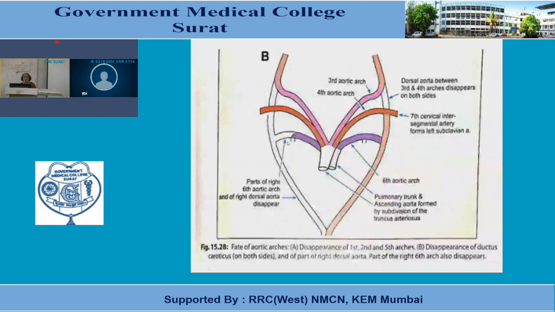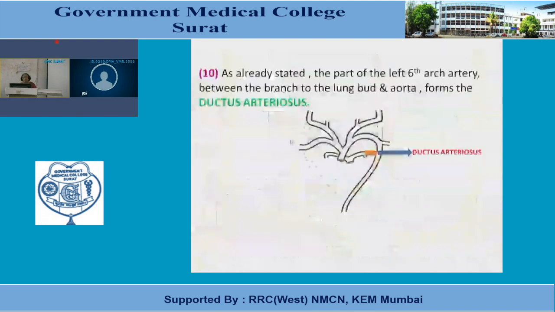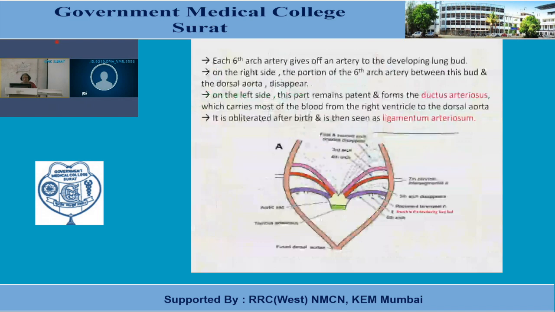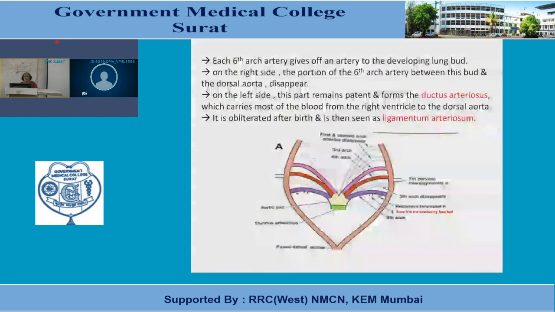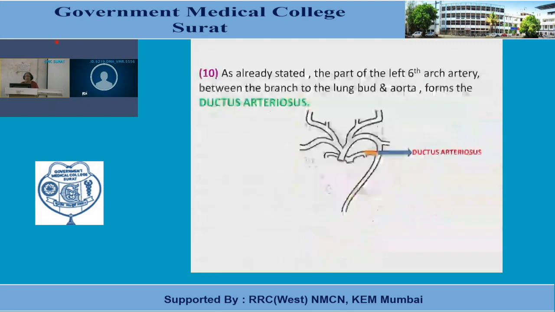Between the lung bud and the dorsal aorta, on the right side, this area disappears. Now here you can see in the diagram, on the left side, what is happening on the left side? This part remains patent and forms the ductus arteriosus, which carries most of the blood from the right ventricle to the dorsal aorta. So here in the diagram you can see this.